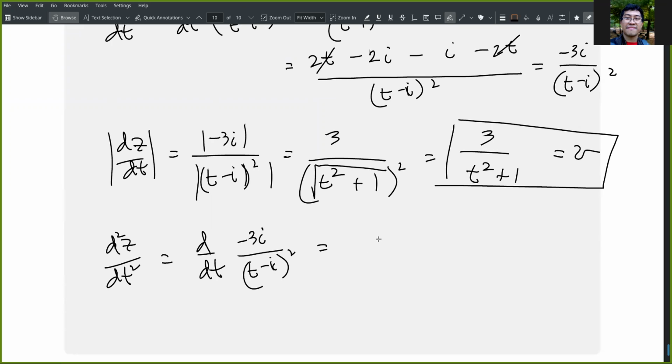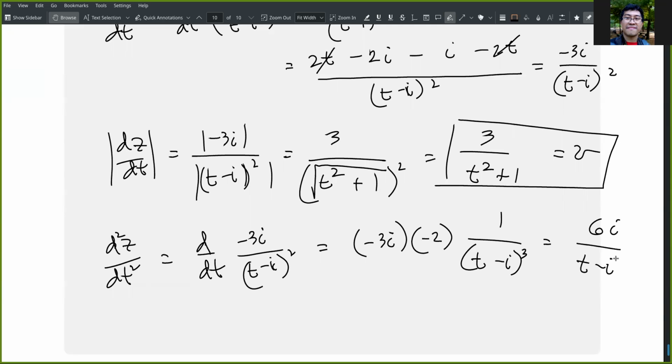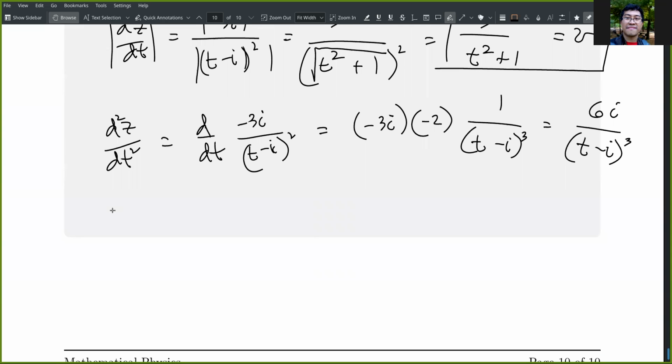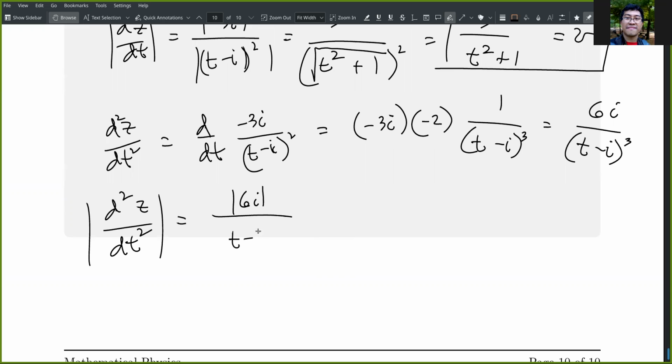That would be minus 3i times minus 2 times 1 divided by t minus i to the power of 3. And that's 6i over t minus i to the power of 3. Finally, we can have the absolute value of 6i divided by t minus i to the power of 3.